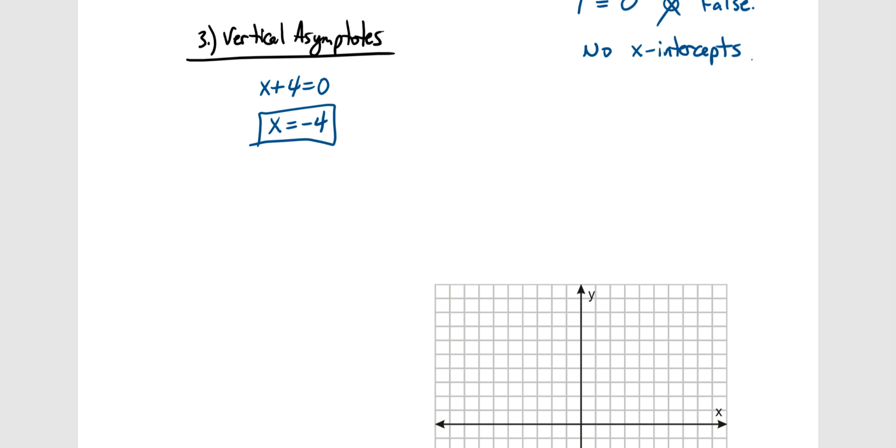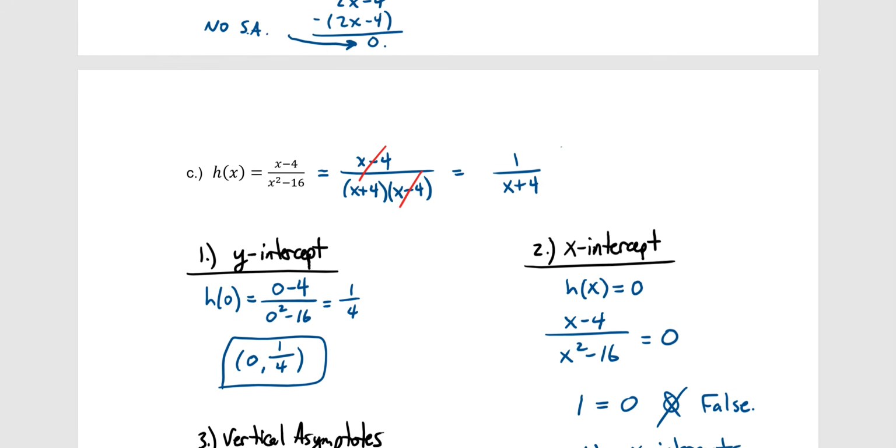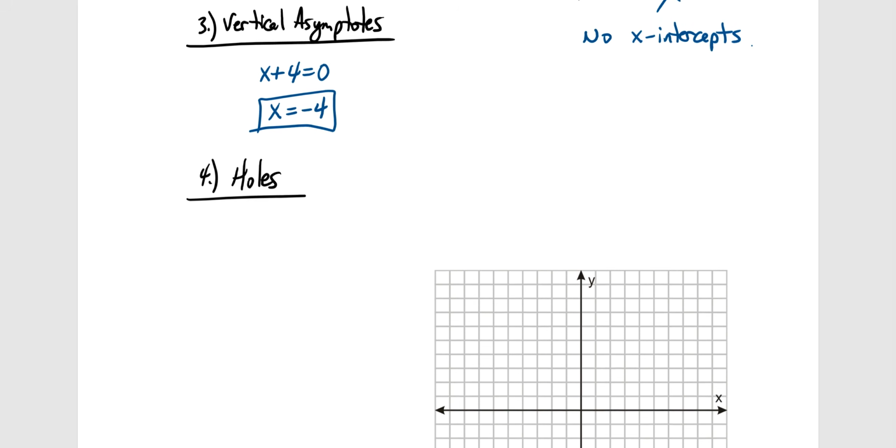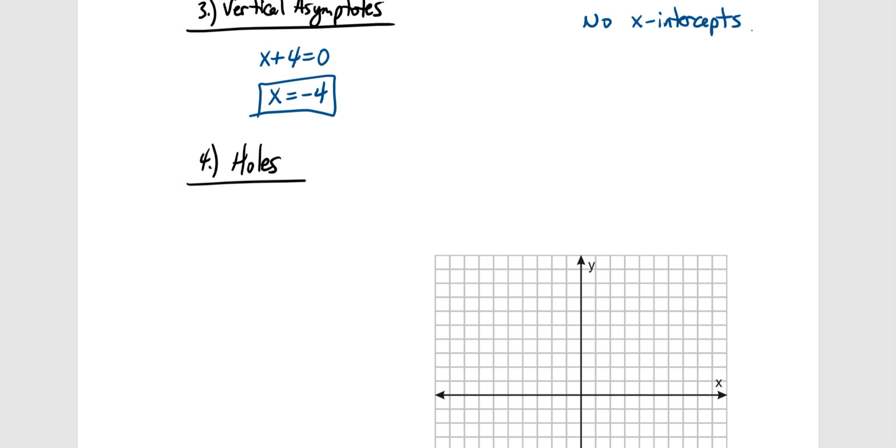And now for any holes, we set the canceled factors equal to 0. So we canceled the common factor of x minus 4. Setting that equal to 0 and adding 4 to both sides, we get x equals 4.